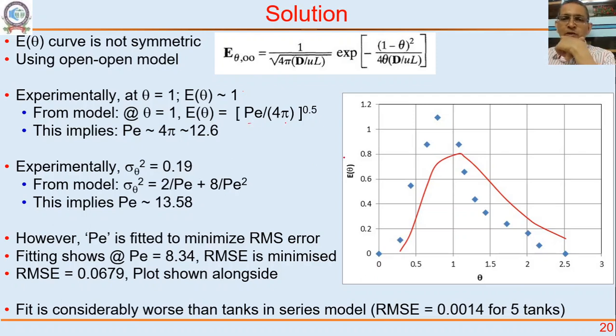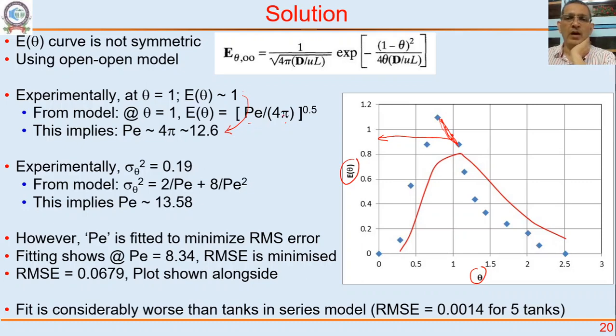So when you plotted E theta versus theta for the actual reactor, what is the value of E theta at theta equal to 1? E theta at theta equal to 1 is somewhere in between, somewhere here. Right? This implies that the Peclet number is about 12.6 from here, which means Peclet number is less than 100.